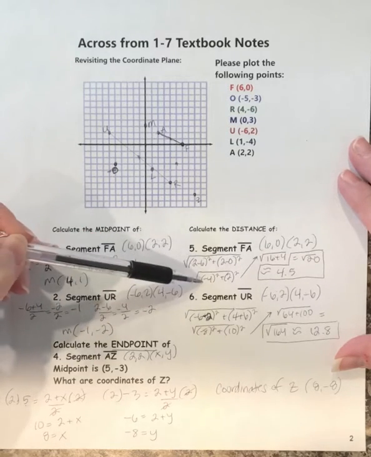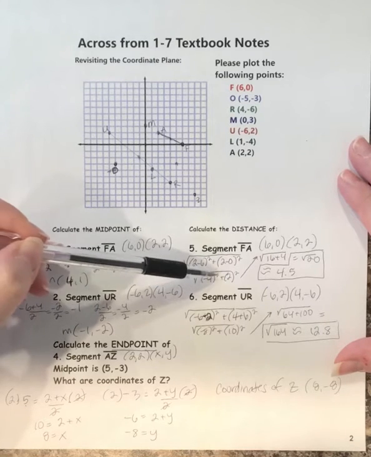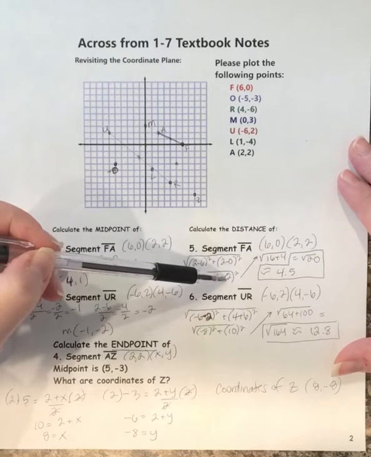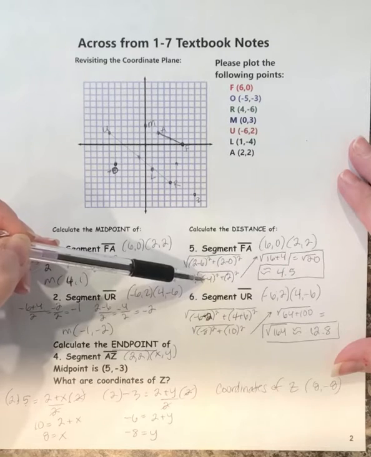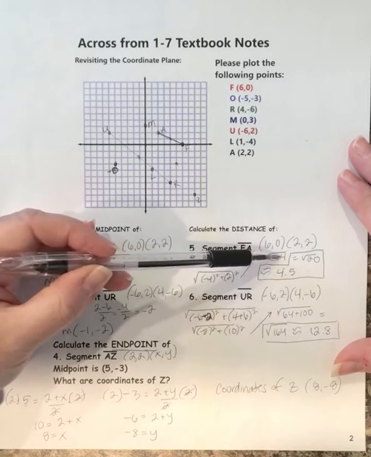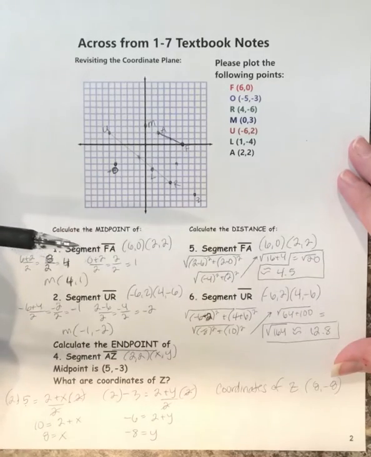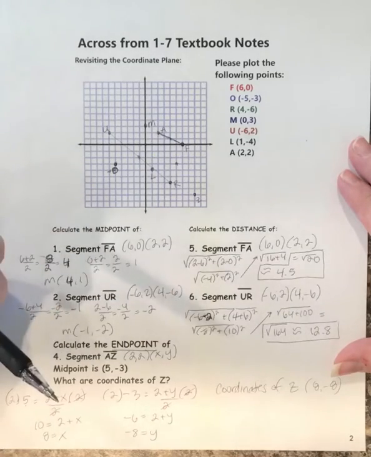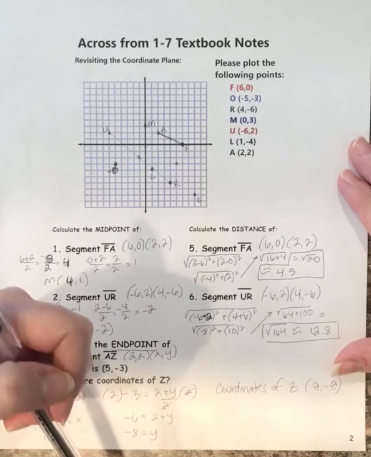So 2 minus 6 is negative 4. I'll end up squaring that. 2 minus 0 is 2. When I square negative 4, I get positive 16. And when I square 2, I get 4. So I get radical 20, which once I simplify that on the calculator, I got about 4.5.